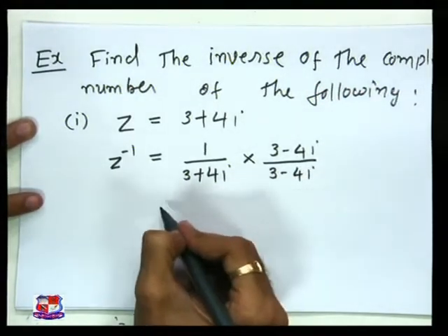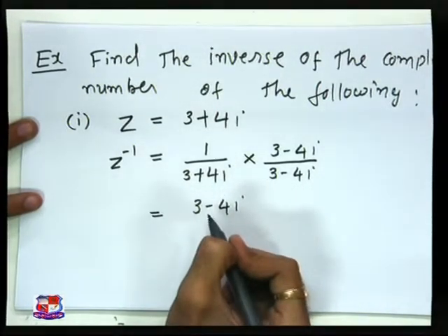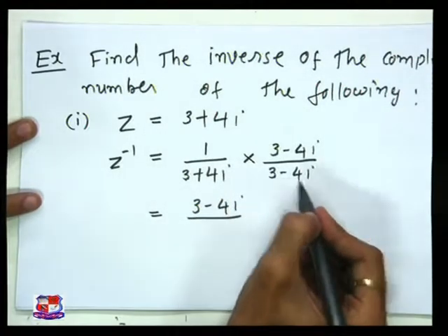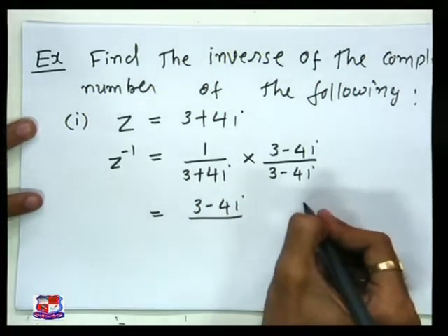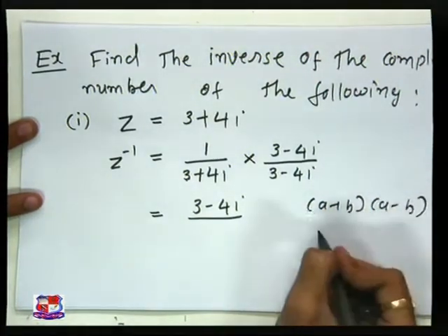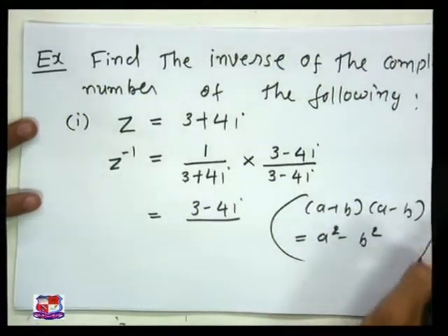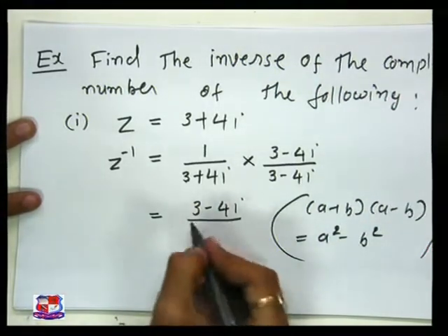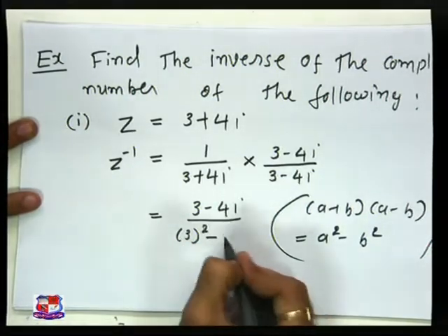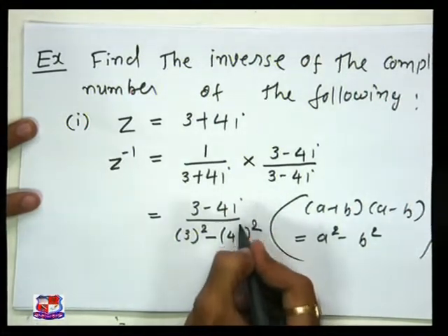So the answer will be (3 - 4i) upon this, which is a plus b, and this is a minus b. So we know that (a plus b) into (a minus b) is equal to a square minus b square. Here we will get a square, that is 3 square, minus b square, that is 4i square.